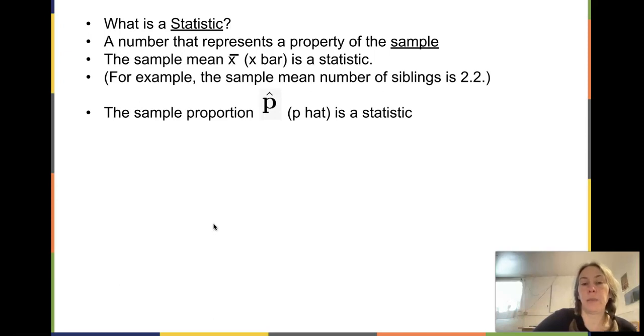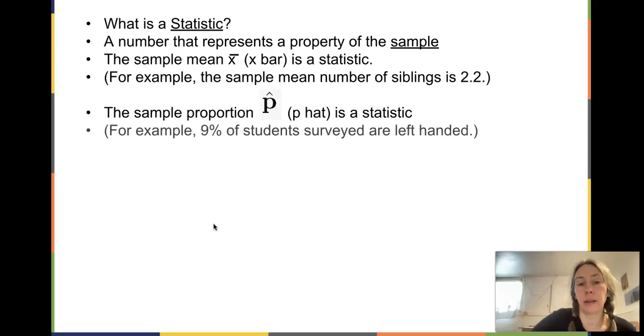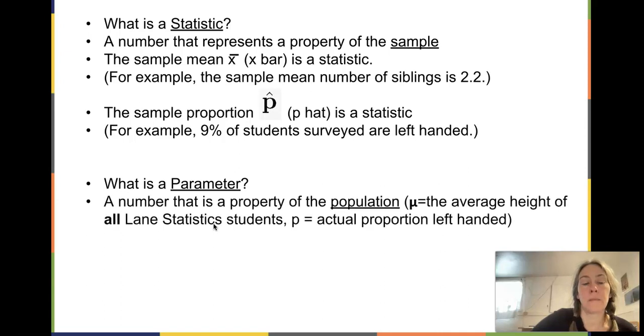So if we got P hat equals 0.09, then I would say, oh, 9% of my students are left-handed. That would be a statistic. So we need different symbols to represent the parameters. So mu represents the average from the population, and P represents the proportion from the entire population.